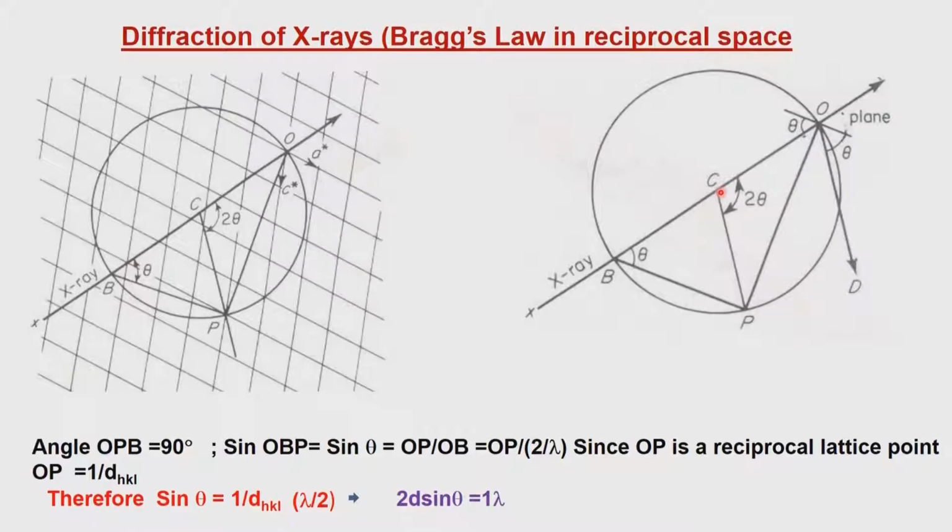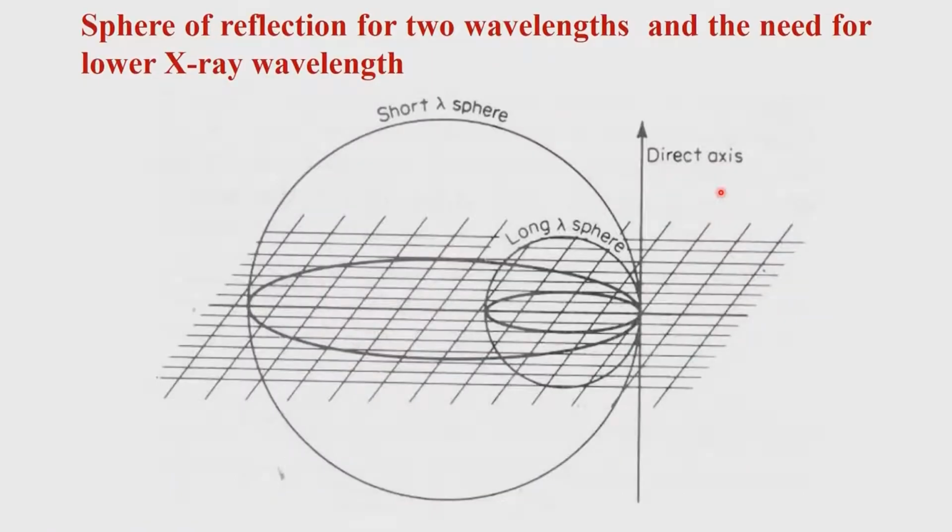Having seen this, we will go further and see the ways in which we can utilize the fact that these reciprocal lattice points will cut the Ewald sphere, and whenever this happens at the Ewald sphere, the diffraction condition is satisfied. So, we get a reflection.